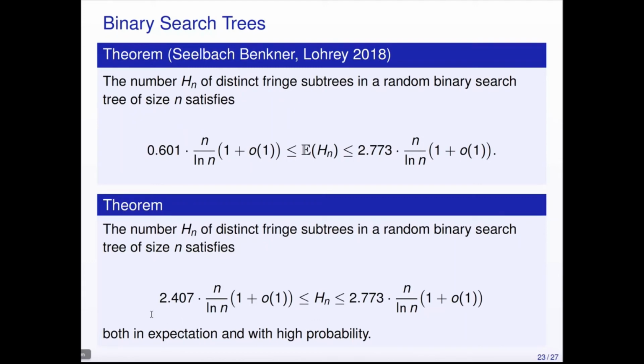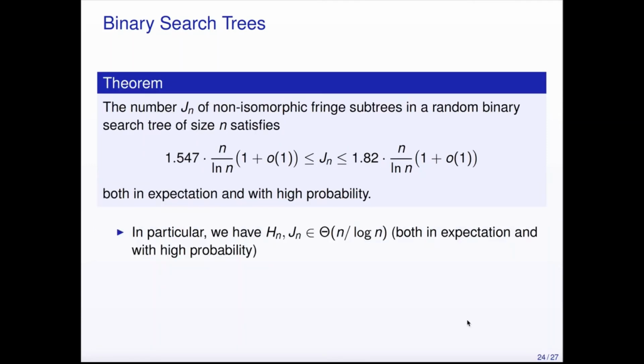And in particular, we are able to significantly improve the lower bound by providing a constant closer to the upper bound. And finally, we were also able to obtain a first result with respect to the number Jn of non-isomorphic fringe subtrees in a random binary search tree, namely Jn satisfies this asymptotic estimate, so it is in theta of n over log n, both in expectation and with high probability.